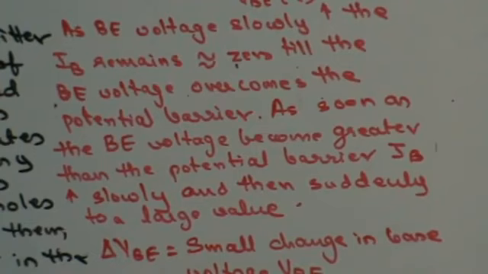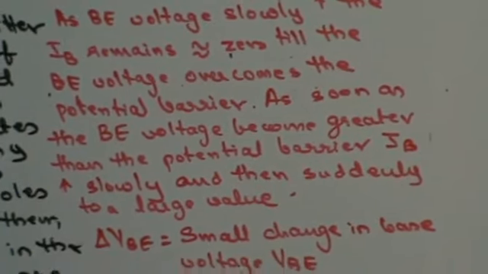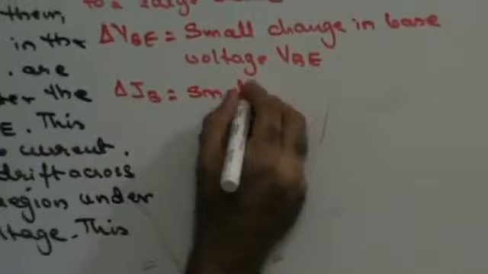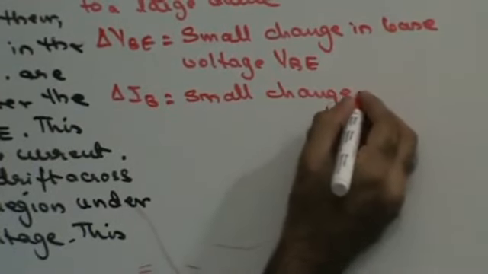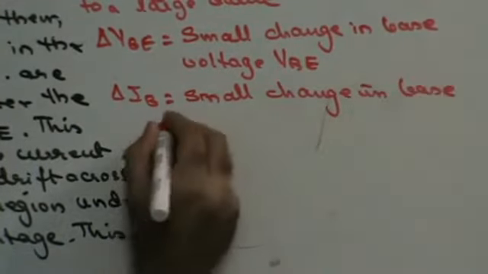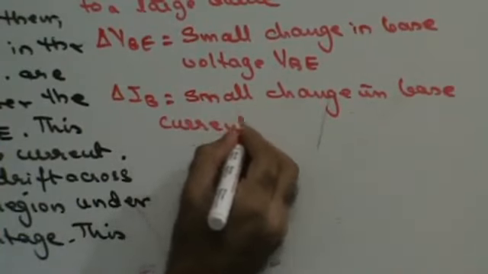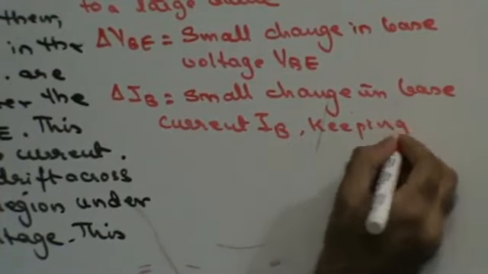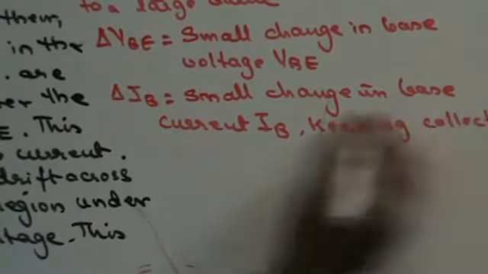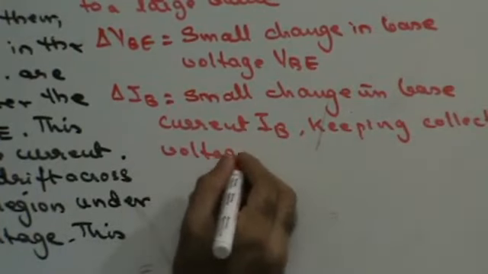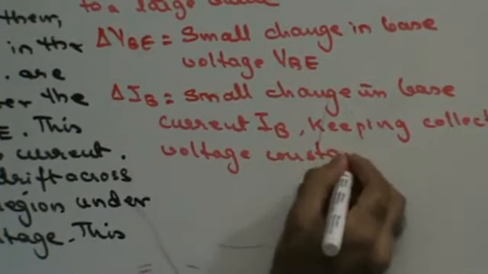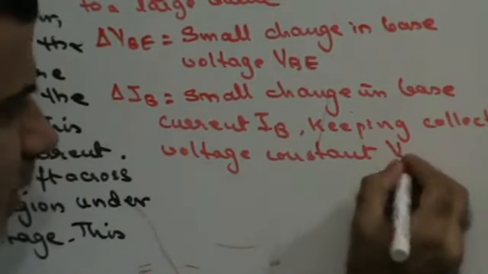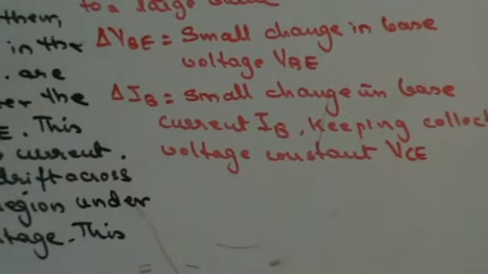Let's assume that delta IB is the small change in the base current, keeping the collector voltage constant. That is, I'm keeping VCE constant, right?